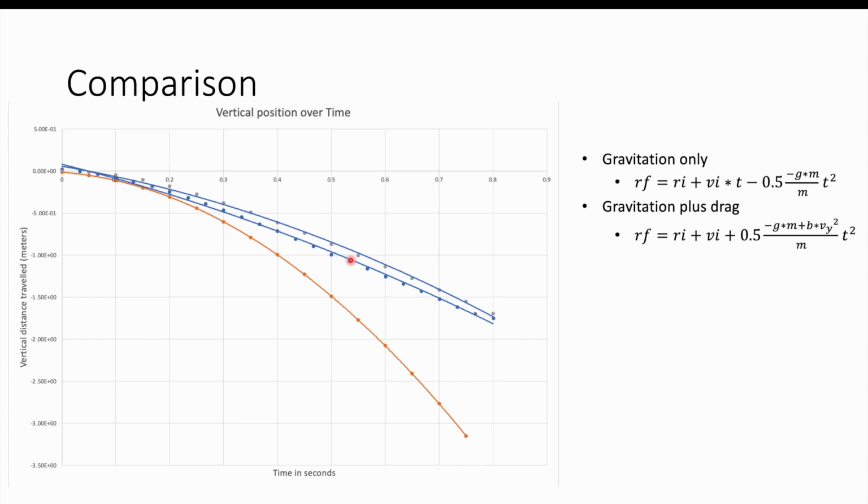This is mostly because the real life example is not a perfect curve. As we can see, the values vary up and down slightly due to human error, due to the camera being slightly angled. We can see here the position update formulas, Fnet, and these values. This one is with only gravitation, and this one is with gravitation plus drag.